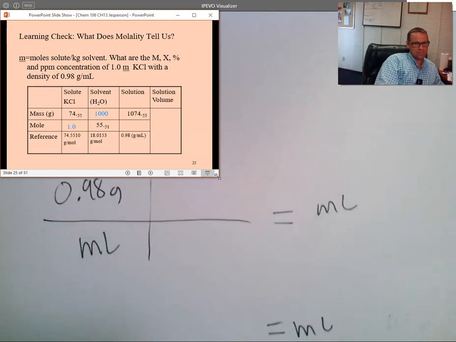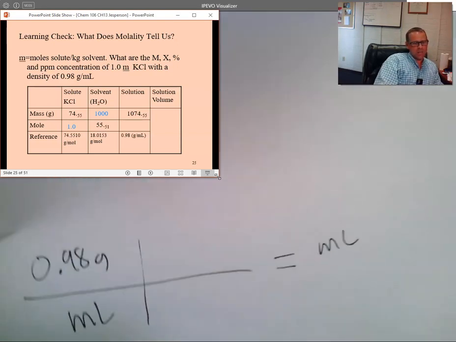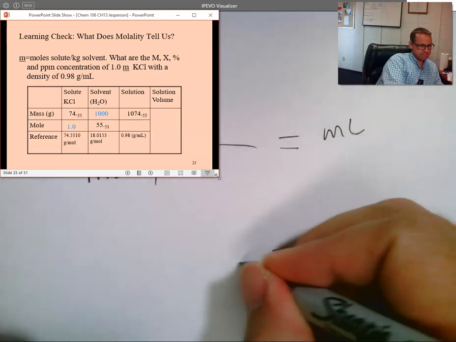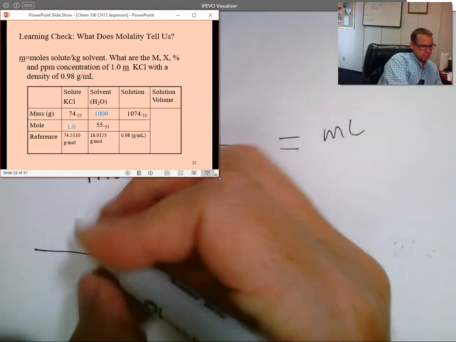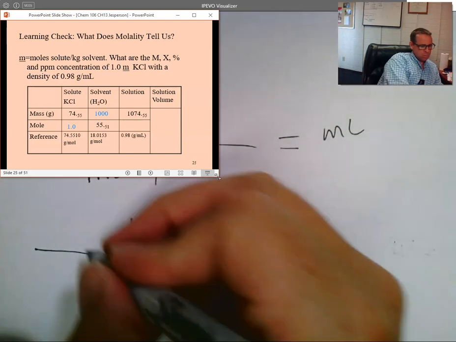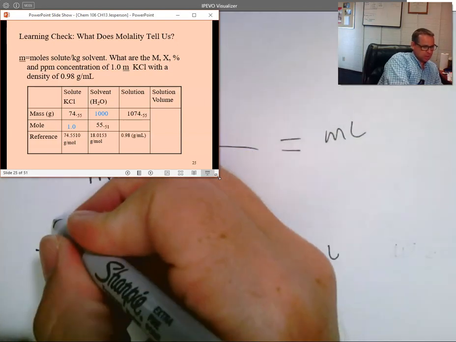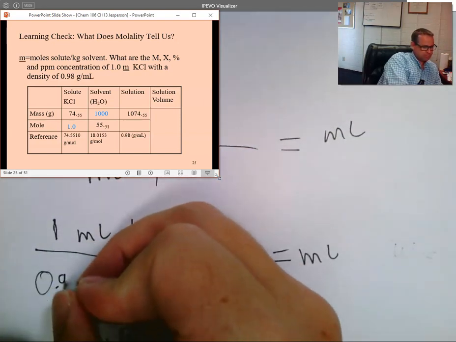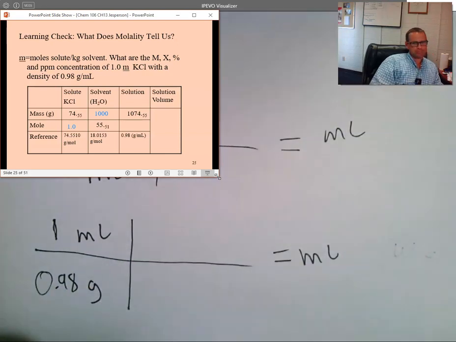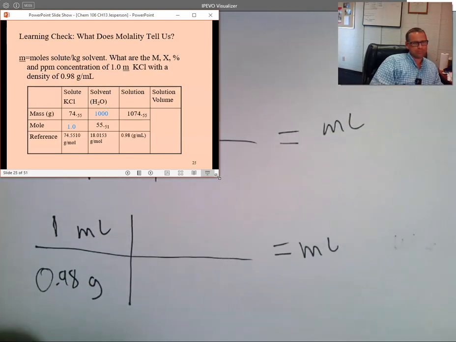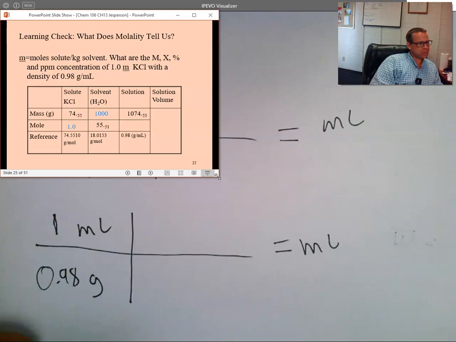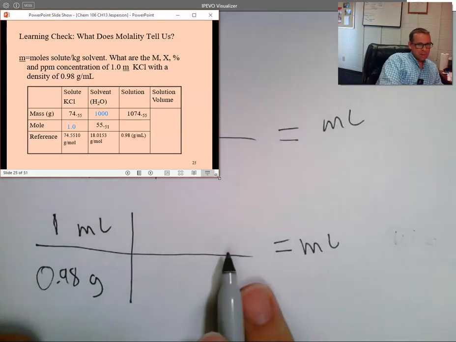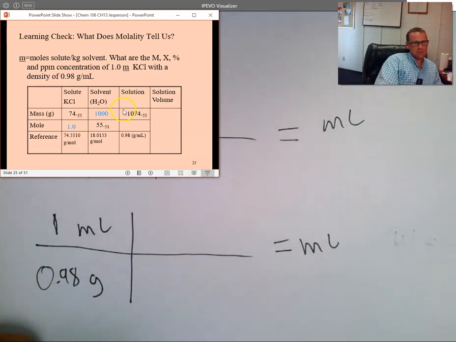Let's try that again. Did I write that wrong? We want milliliters on top, right? I have here 1074.55. What are the units for that, Aisha? Grams.